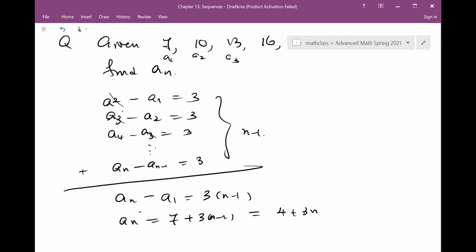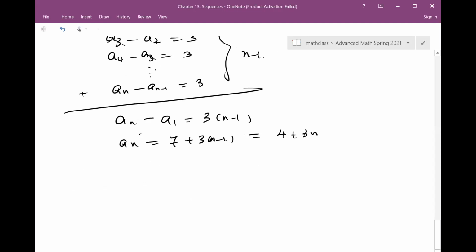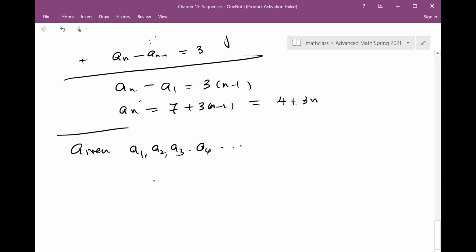Now, sometimes the sequence is not an arithmetic sequence, not a geometric sequence, but we can get the pattern using what we call a secondary sequence. Given a sequence A1, A2, A3, A4, using the differences of 2 consecutive terms, you get a new sequence.